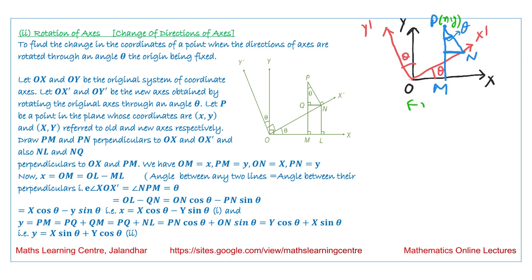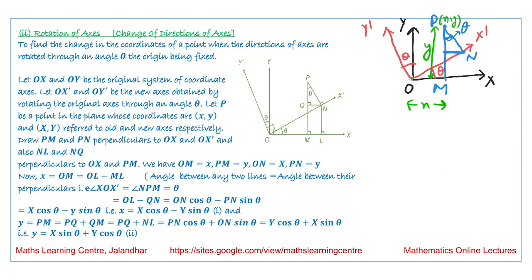Then this length is x, and the length PM is y. The length ON corresponds to the new coordinate system.